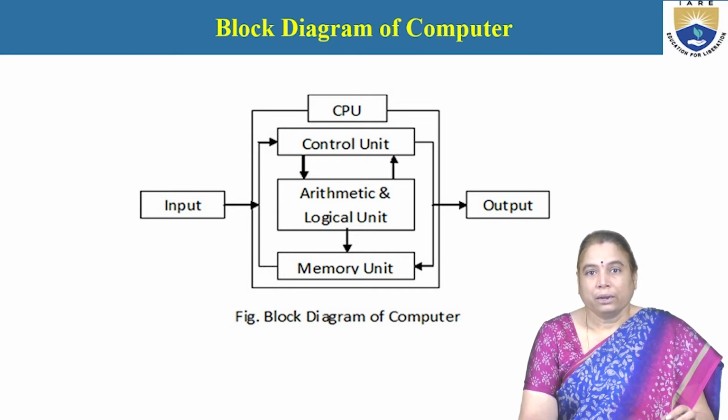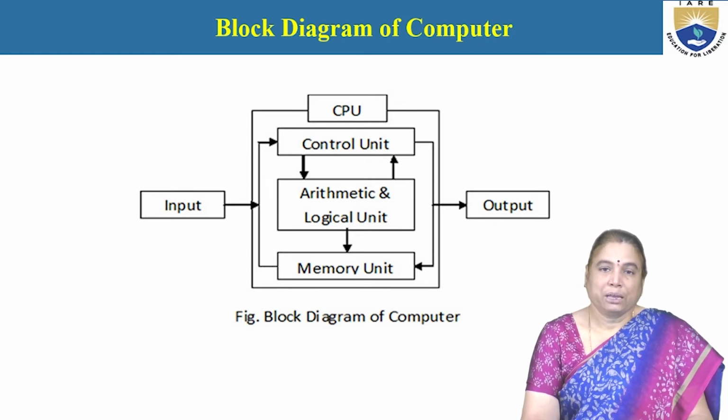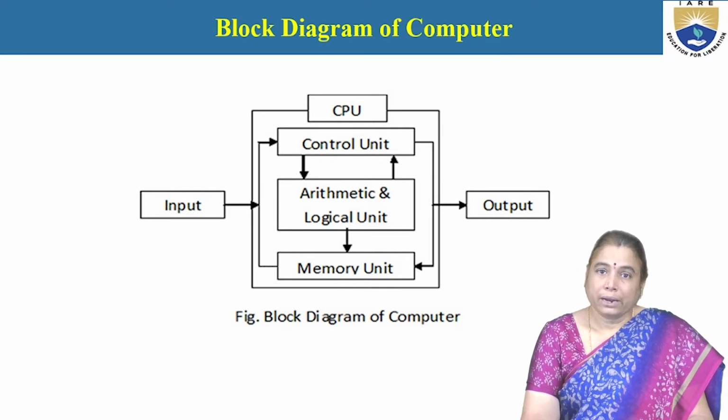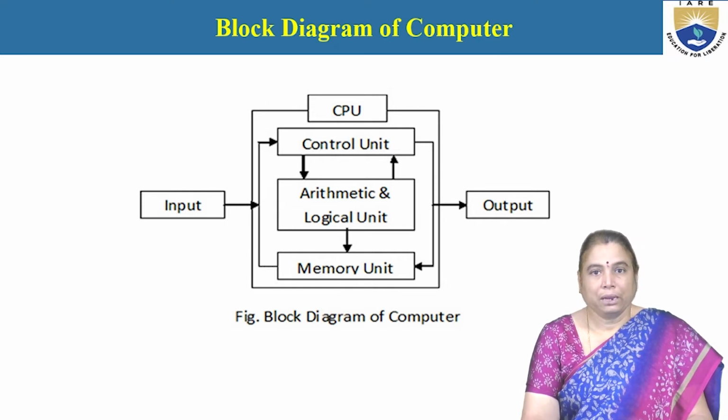So here user to machine interaction can be provided with the help of input devices. A variety of input devices are available like keyboard, mouse, MICR, OCR, OMR, barcode reader, etc.